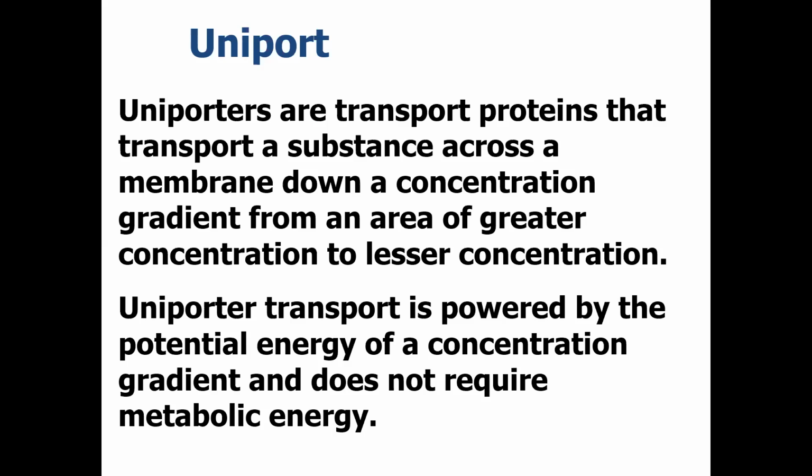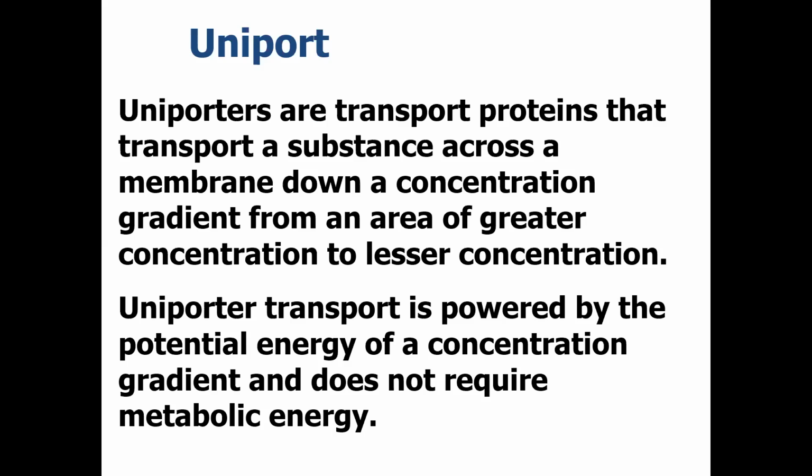So the uniporters are transport proteins that transport a substance across a membrane down a concentration gradient, from an area of greater concentration to lesser concentration. That means from a high concentration to a low concentration, the molecules are moving by a uniporter.